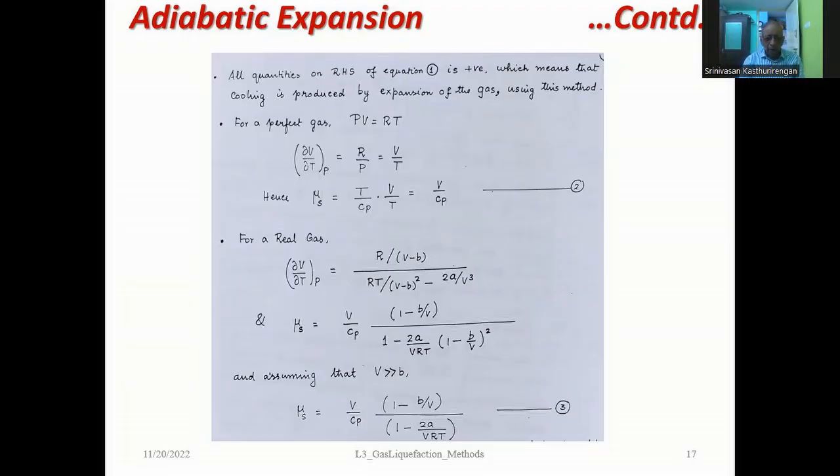So, you can simplify, assuming that volume is much, much greater than the small value of B. So, mu S is nothing but V by Cp into 1 minus B by V divided by 1 minus 2A by VRT. So, that is the expression for the case of adiabatic expansion.